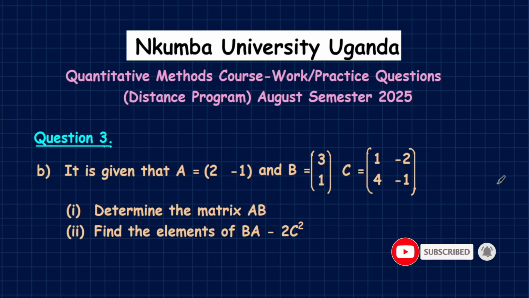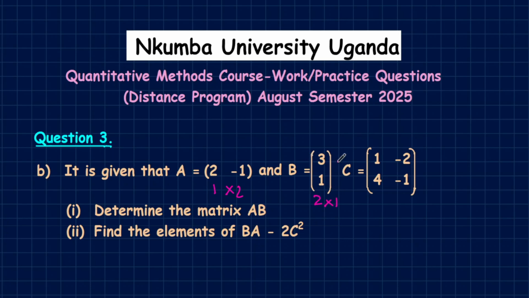The first thing you need to consider while doing matrix multiplication is always to check their order. When you look at this matrix, the order of matrix A is 1 by 2. What does it mean? We have 1 row and 2 columns. A row is horizontal, columns are vertical. So we have 2 columns and 1 row. Then also look at this one: we have 2 rows and 1 column.